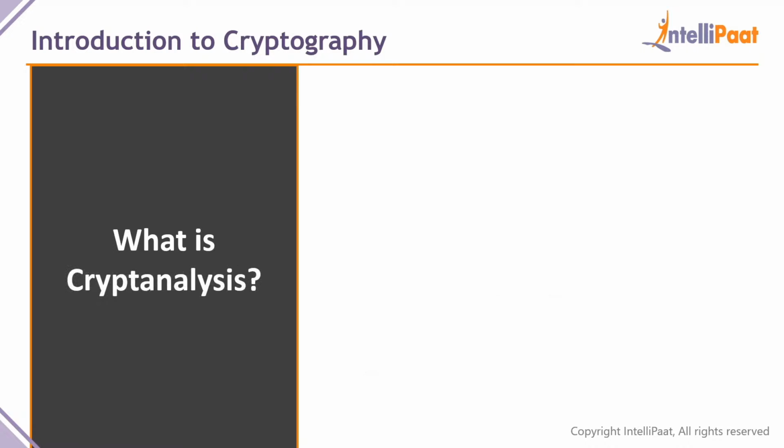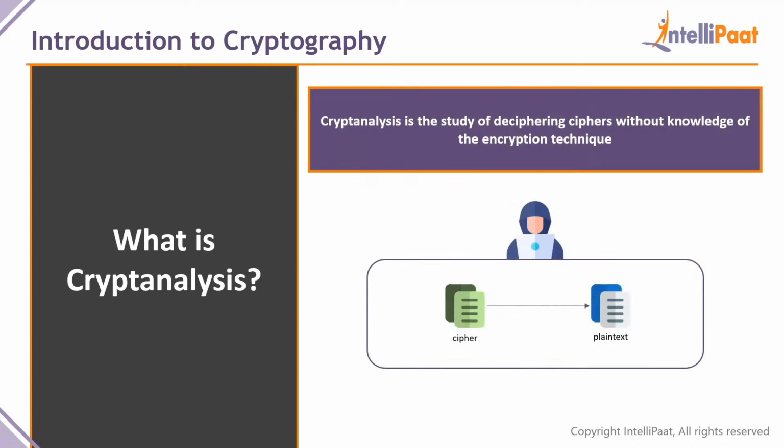There is another term that we need to familiarize ourselves with, which is quite prominent today. It's called cryptanalysis, right? So, cryptanalysis is the study of deciphering ciphers without knowledge of the encryption technique. So, earlier on, traditionally, decryption is done when the recipient's end knows how to actually decipher the cipher, right?